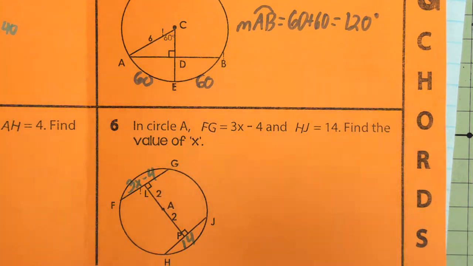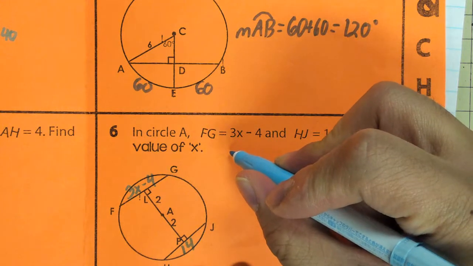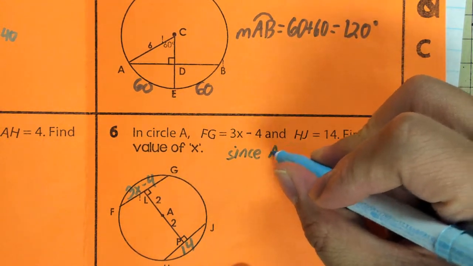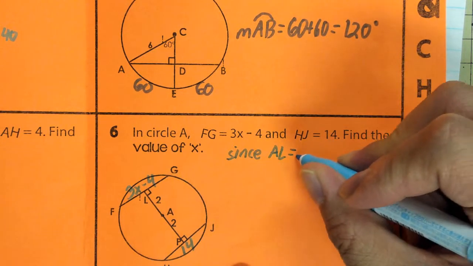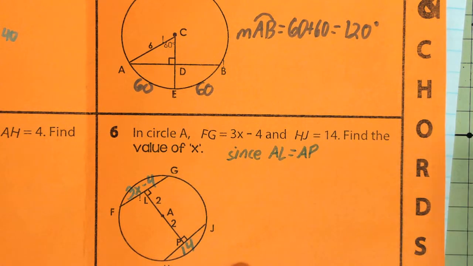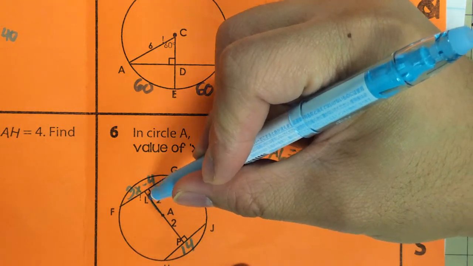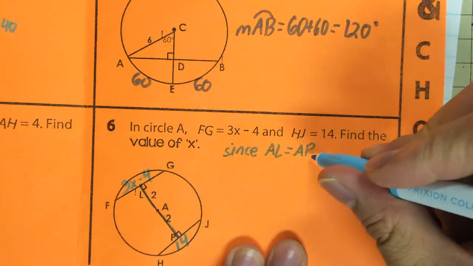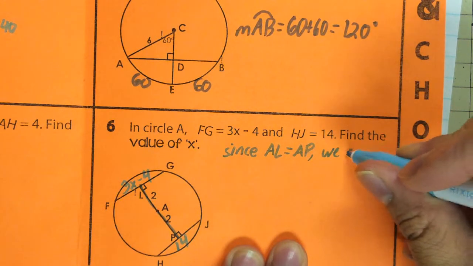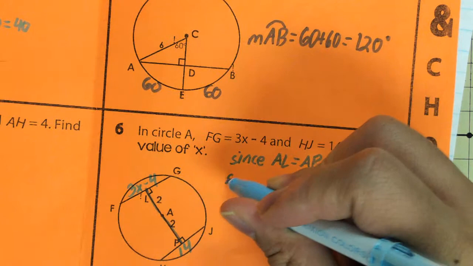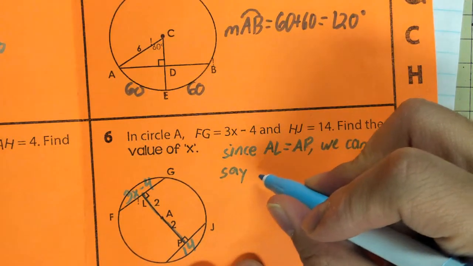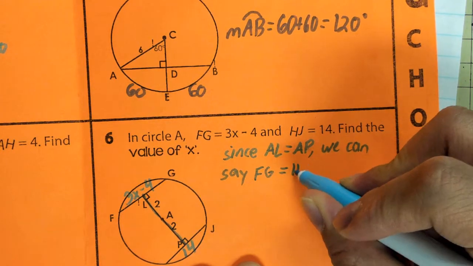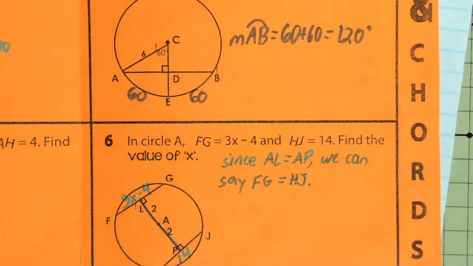Note that since AL equals AP, this segment AL is equal to this segment AP, we can now say FG equals HJ. So there's your reason.